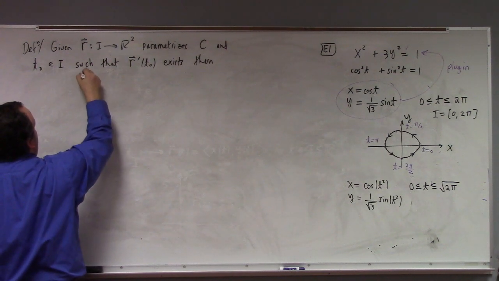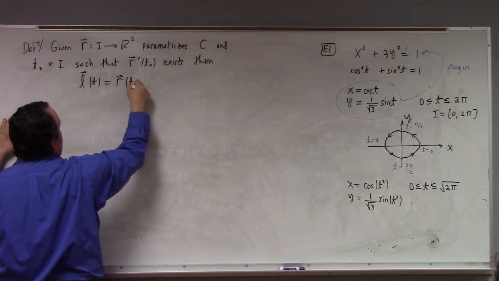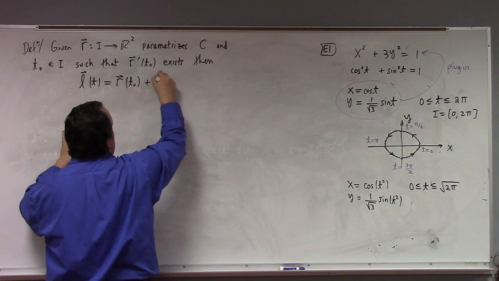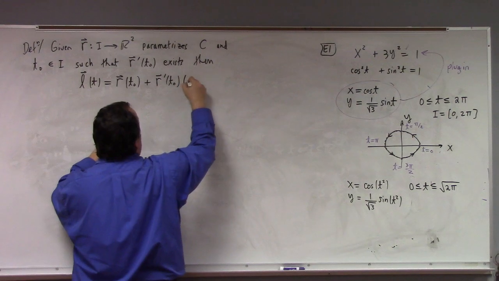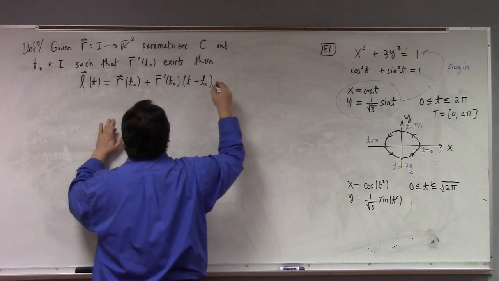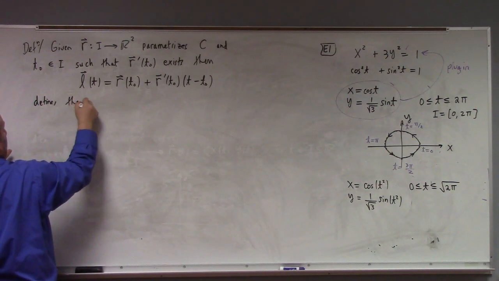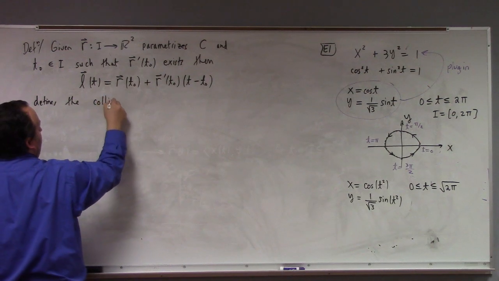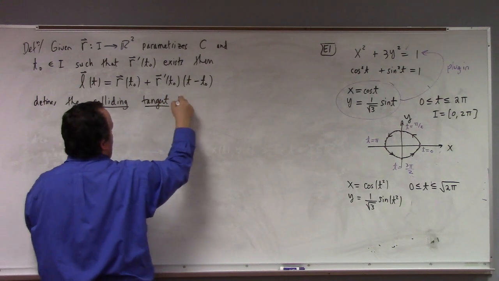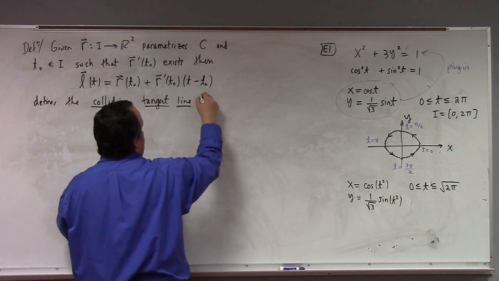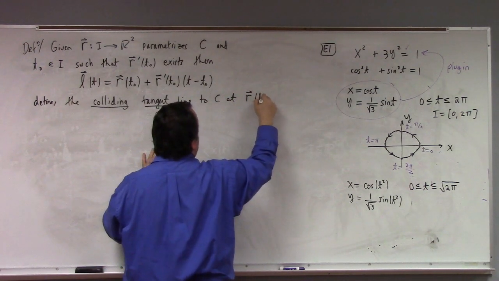I'll use L. L of t equals r of t naught plus r prime of t naught times t minus t naught defines the colliding tangent line to C at the point we're talking about, r of t naught.